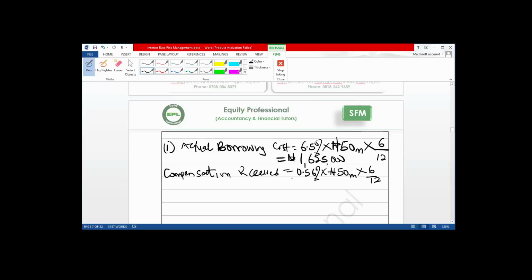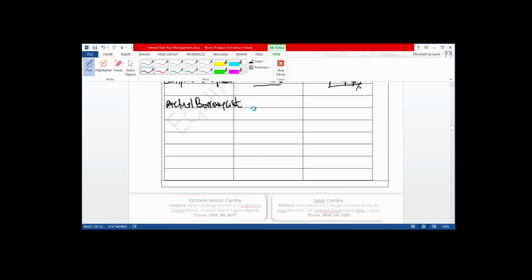The answer is 140,000. So if I return here, the actual borrowing cost is 1,625,000. That is the cost we are going to pay. Now, because we have overpaid, we are going to receive 140,000 compensation.